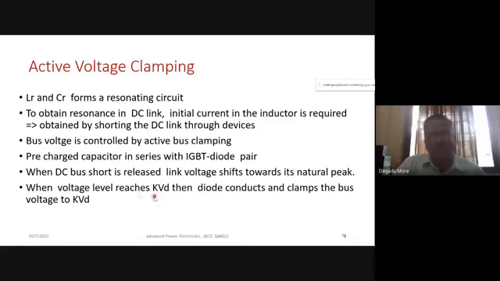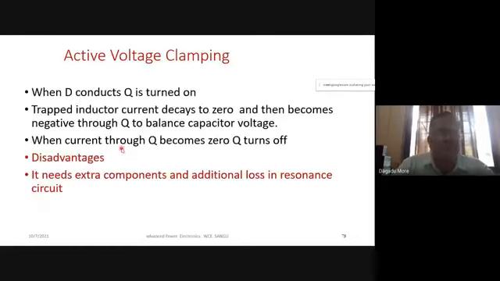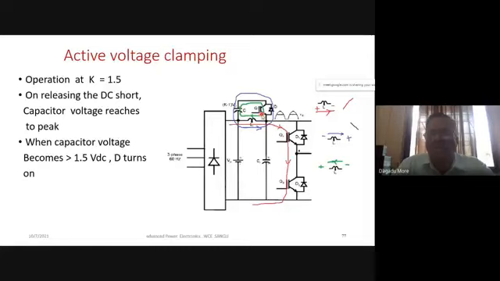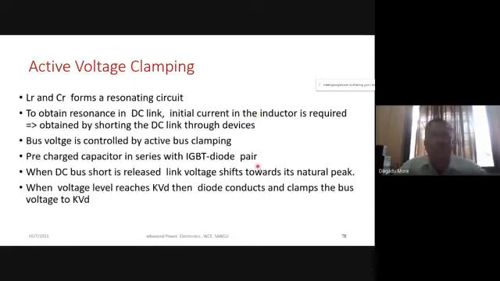When the voltage level reaches 1.5 VD, the diode conducts and clamps the bus voltage to 1.5 VD. And when the diode conducts, at the same time we turn on the Q. So when the diode conducts and we turn on the Q, the turn on of this switch will be at 0 voltage.